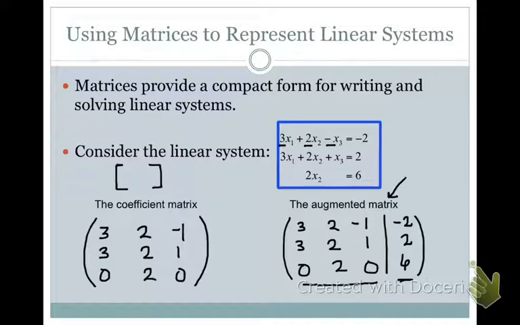Notice that the size of the coefficient matrix is 3 rows and 3 columns, so we call it 3 by 3. The 3 rows represent the number of equations, and the 3 columns represent the number of unknowns. For example, column 1 represents the coefficients for the x1 term, column 2 for x2, and column 3 for x3.